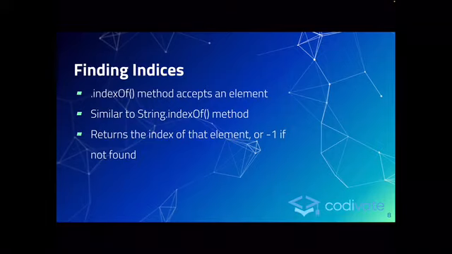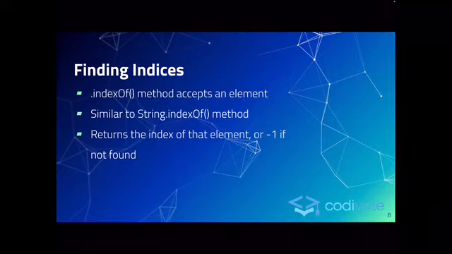So it either returns the index of that element or it would return -1 if it's not found. This is very useful because if you are checking to see if a certain element exists in an array list, you can simply check if the output when you do indexOf is -1. If it is -1, then you know that the array list does not contain that element.